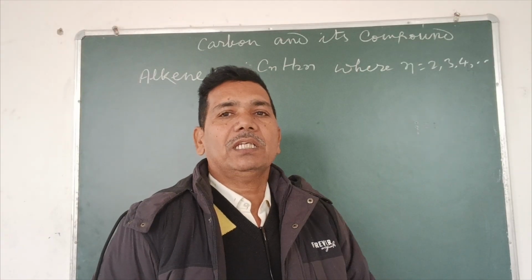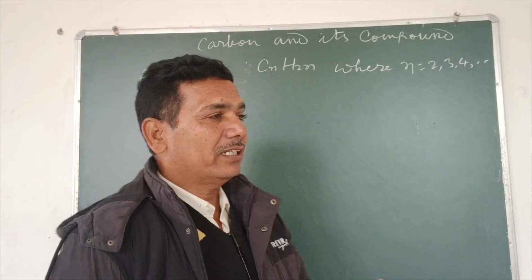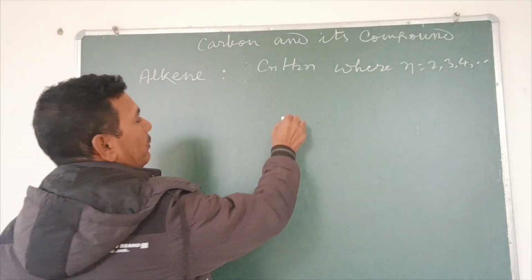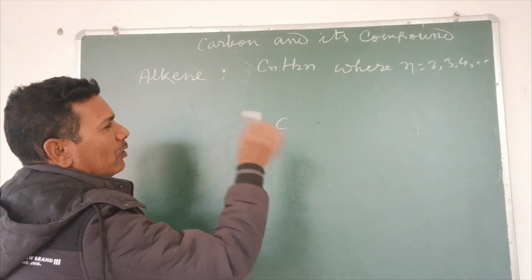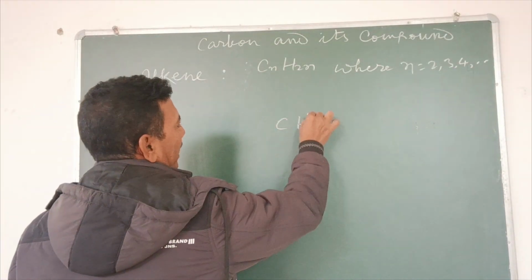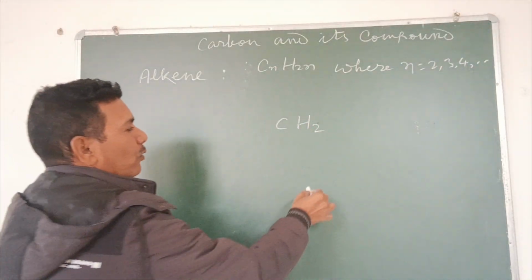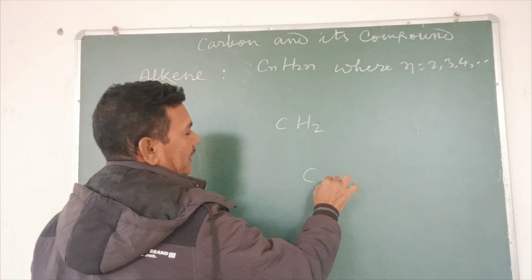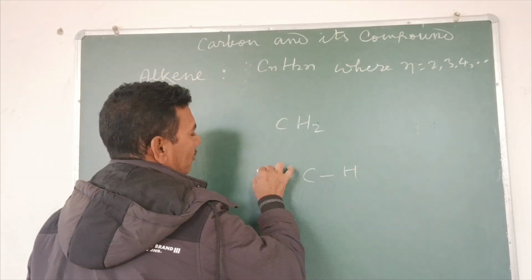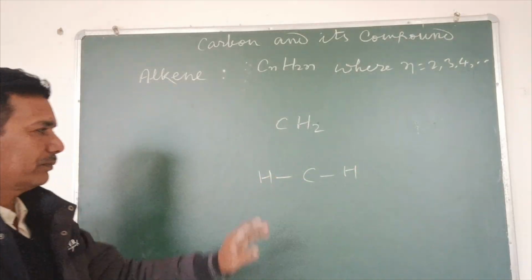What happens if we start from 1? Let us see. Let us do the rough. If we have one carbon, according to this formula, the number of hydrogen will be twice, 2. And if we try to complete the structure, only 2 hydrogen will be added by single bonds.